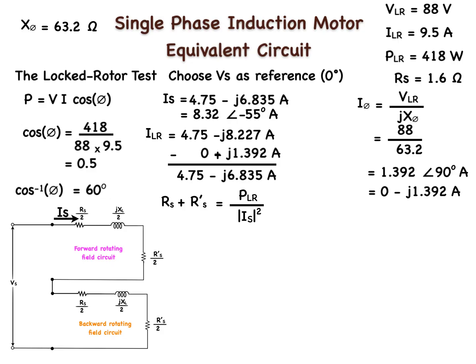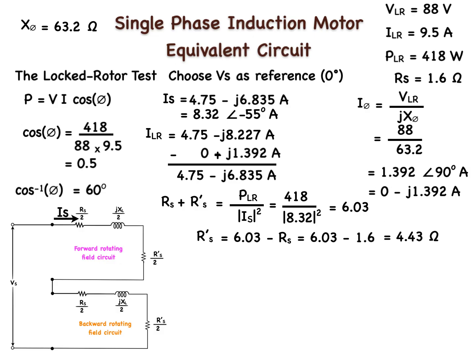Plugging in our actual values, we get 418 divided by 8.32 squared, which equals 6.03 ohms. Rearranging our equation, R'R is equal to 6.03 minus RS, which equals 6.03 minus 1.6, and that comes out to 4.43 ohms.